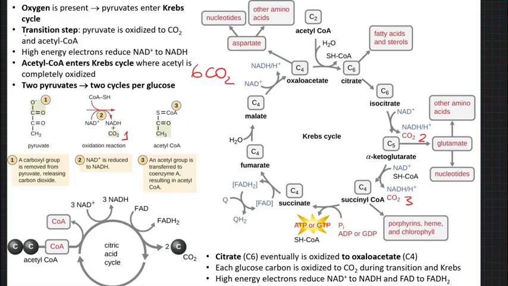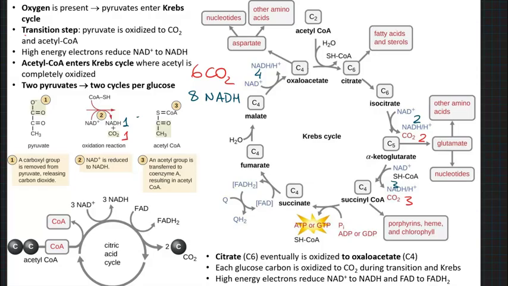Okay? Now we're going to do the same for NADH. 1, 2, 3, and 4. So what do we have to do with this number 4? We have to double it. So 8 NADH molecules.